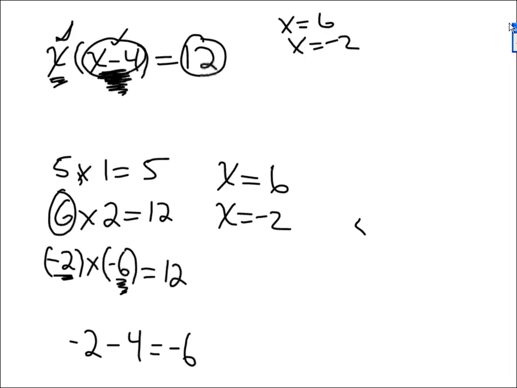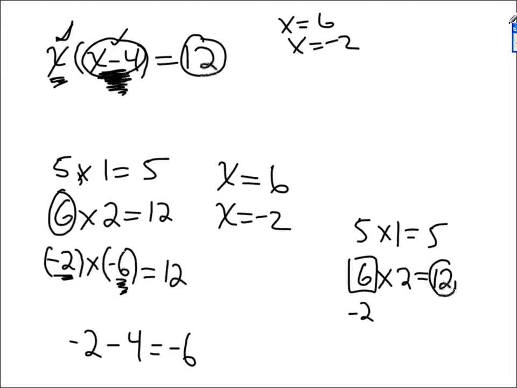I mean, I tried 5 and 4 less. I got 5, which is below 12. I tried 6 times 4 less, which is 2. And my product was 12. So there was one answer. Another answer is just put negatives and make both of those numbers negative. But the larger number needs to be x, because x is bigger than x minus 4.